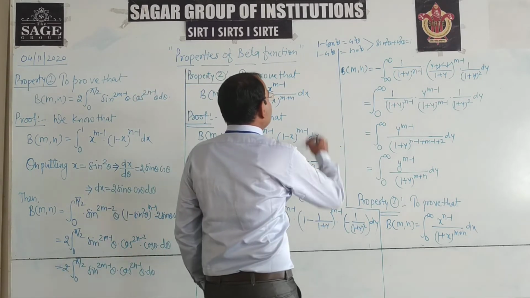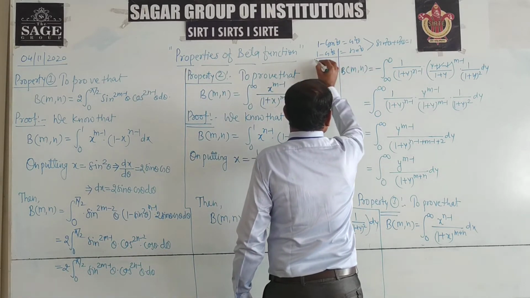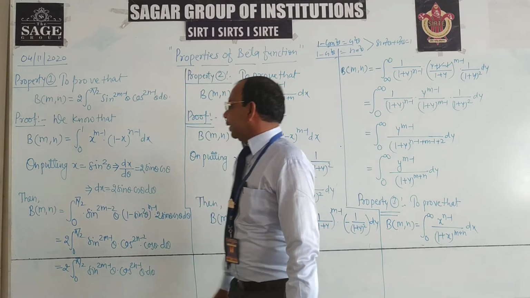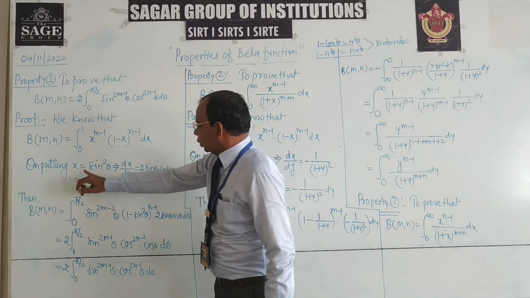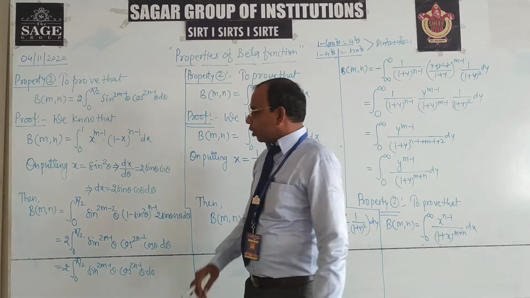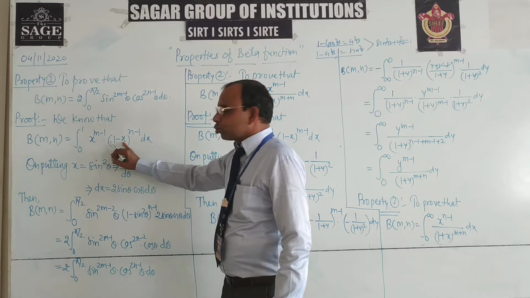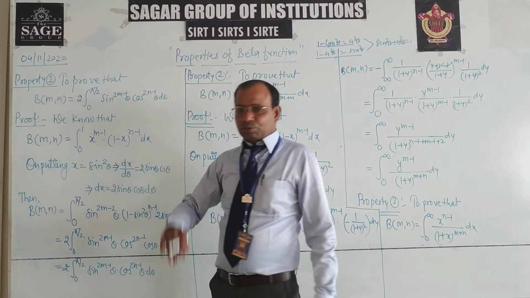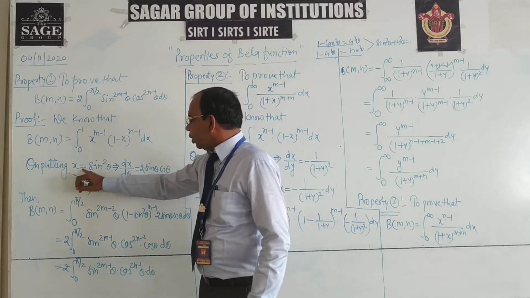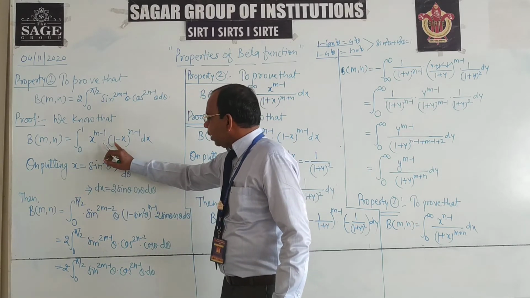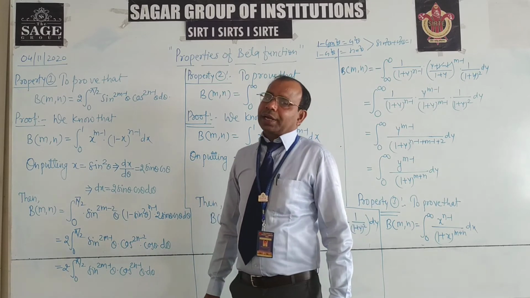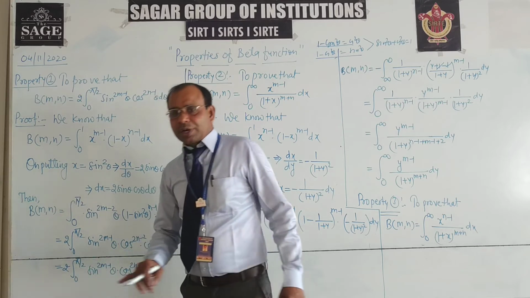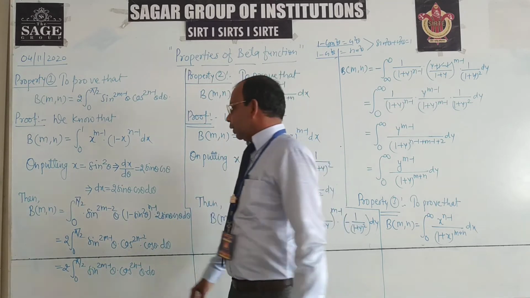Now we use this property. We take the substitution x equal to sin square theta, because 1 minus sin square theta is cos square theta, or x equal to cos square theta. Suppose we take x equal to cos square theta, then 1 minus cos square theta equals sin square theta. Therefore we take either sin square theta or cos square theta.